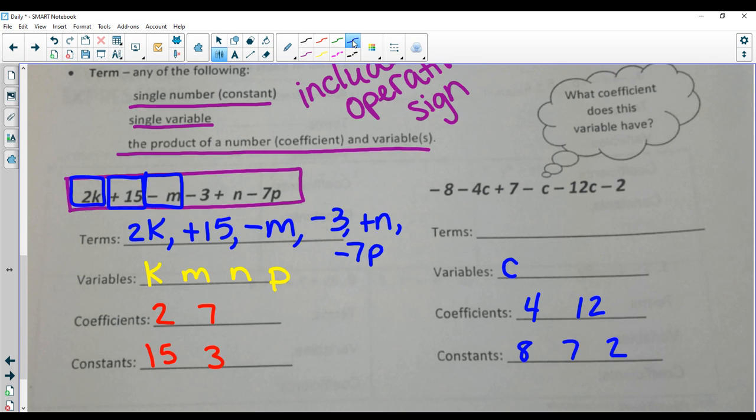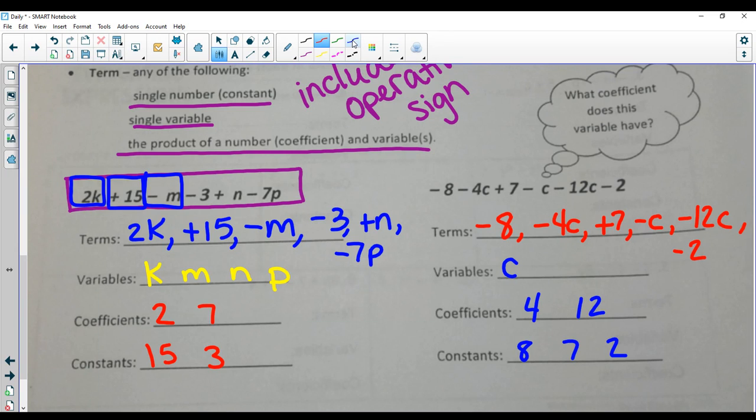Your terms are going to be what? Minus 8, minus 4C, plus 7, minus C, minus 12C, minus 2. Not as scary as you thought, right?